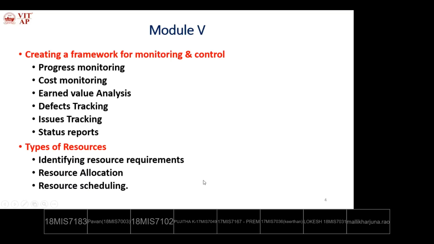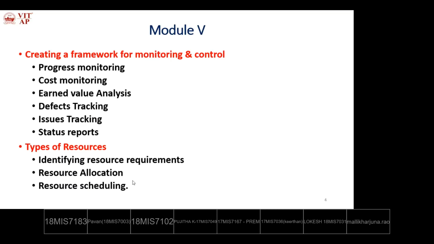After identifying the resources, we allocate the resources. What is the need for allocating the resources? We can allot the resources for the project. The project is divided into modules, submodules, and so on. So we have to allot how many human resources are required to develop the project, and at the same time the modules, submodules, and so on. That we are allocating.